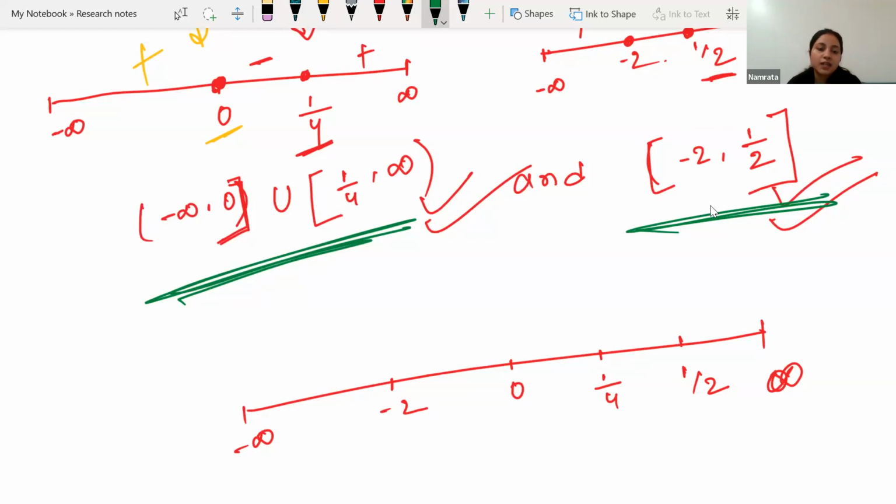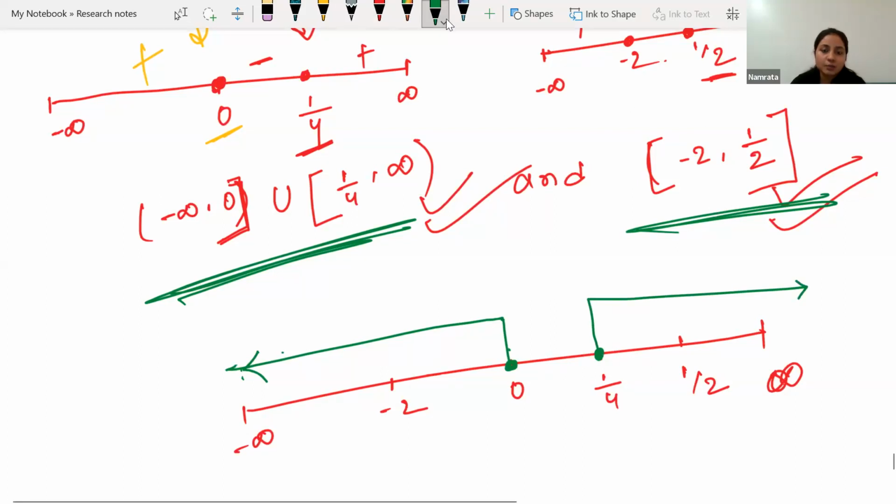So this one is negative infinity to 0, closed at 0, and 1 by 4 to infinity. This is one of the solutions.